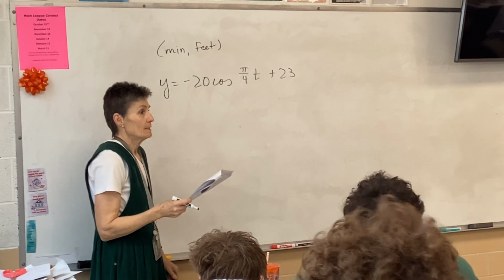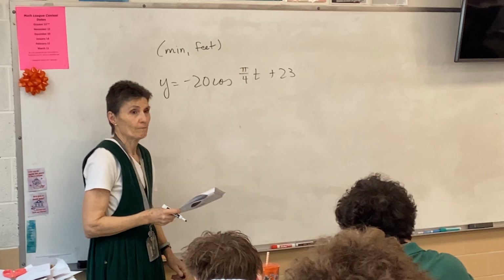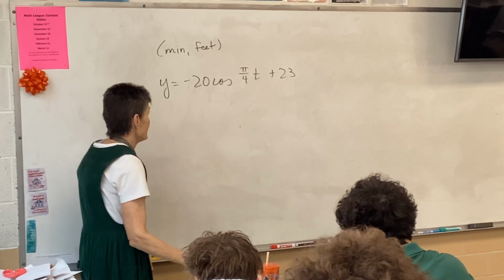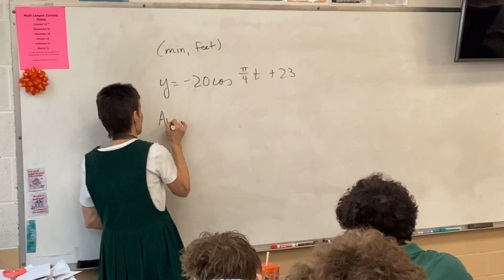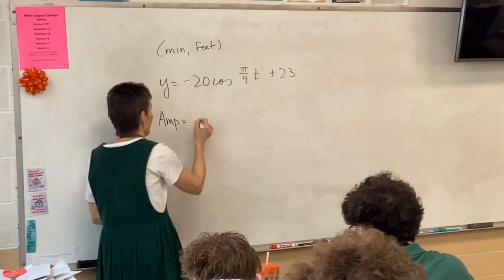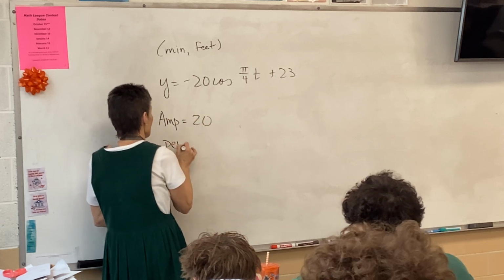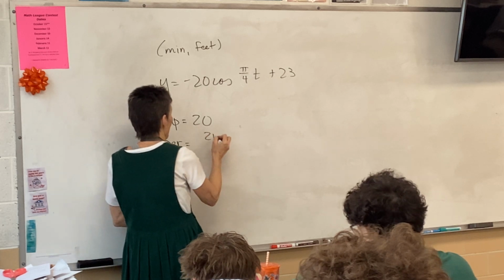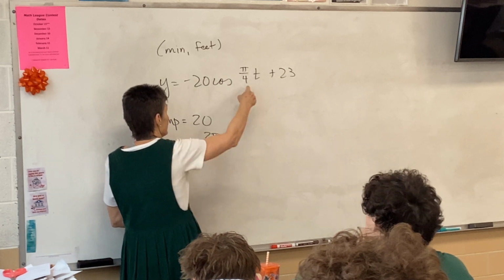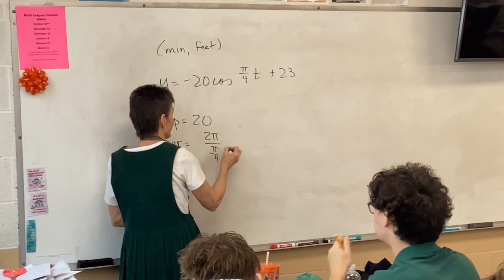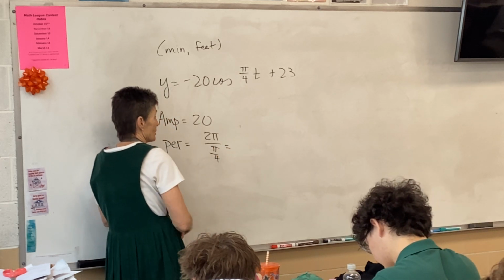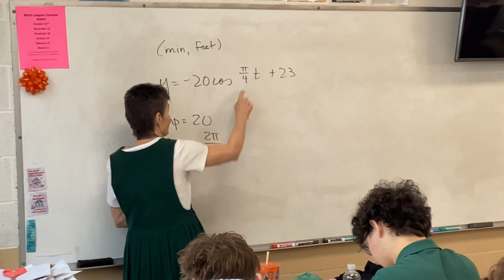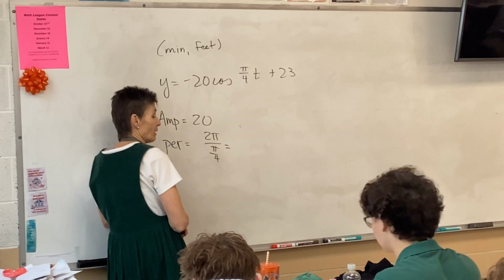Okay? Now, let's talk about this curve for a moment. What is the amplitude of this curve? 20. What is the period of this curve? Always 2 pi divided by that number. So 2 pi divided by that number is how I get my period.